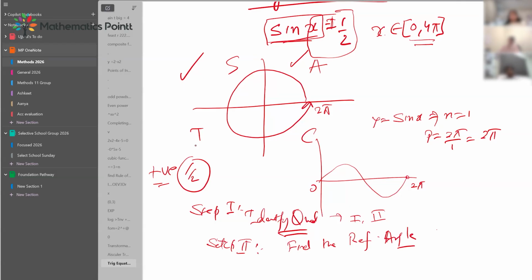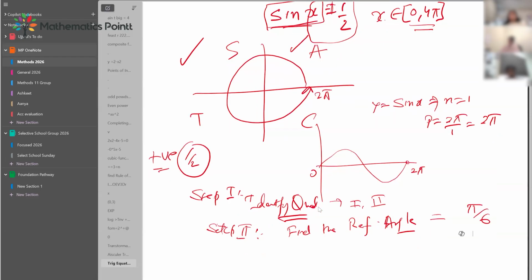Always, irrespective of whether I've identified the first quadrant. Can someone tell me which value, pi by 3 or pi by 6, gives me a half for sine? Pi by 6. Okay, cool. Pi by 6 is my reference angle.